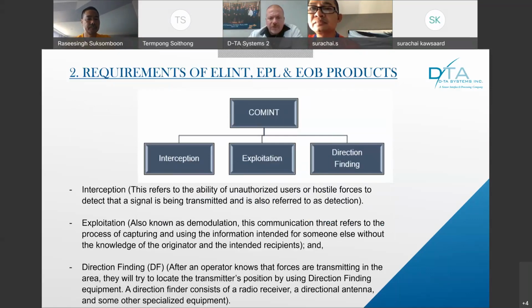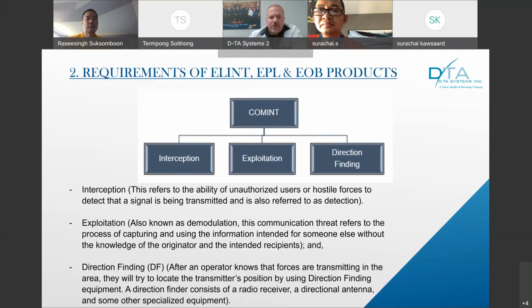Interception refers to the ability of unauthorized users or hostile forces to detect that a signal is being transmitted, and is also referred to as detection. Exploitation, also known as demodulation. This communication threat refers to the process of capturing and using the information intended for someone else without the knowledge of the originator or the intended recipients.